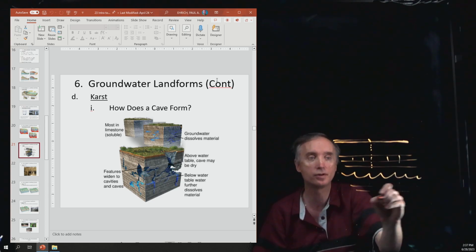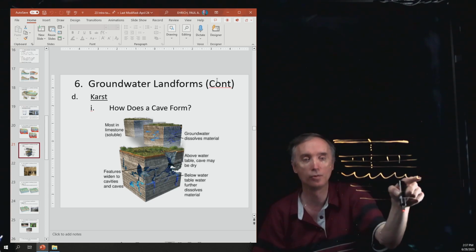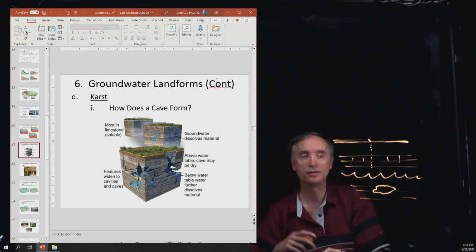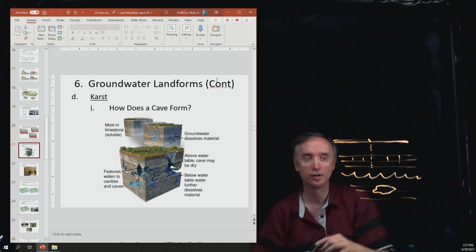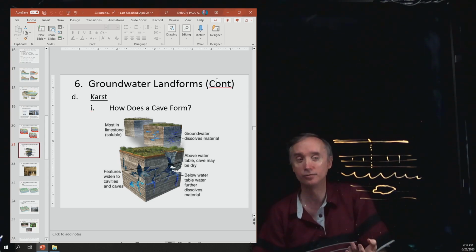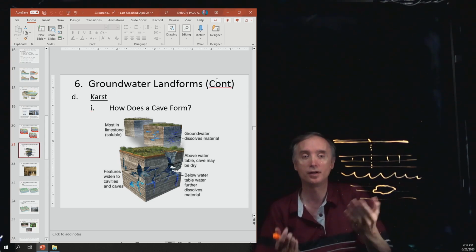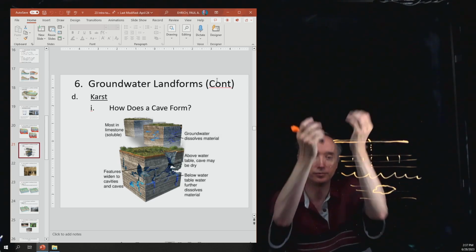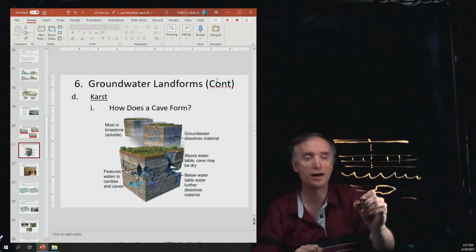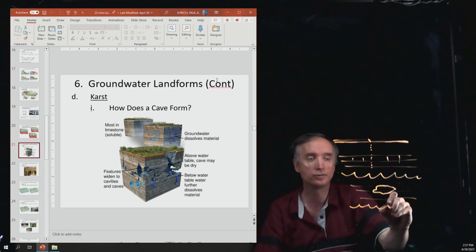So here's your limestone. Here's the level of the water. And so it's going to start to dissolve away the calcium carbonate, and it's going to start to make a cave. Okay, then for some reason, the water table drops. That could be because of a drought. It could be because the land was lifted up. But one way or another, the water table, let's say now, is down here.